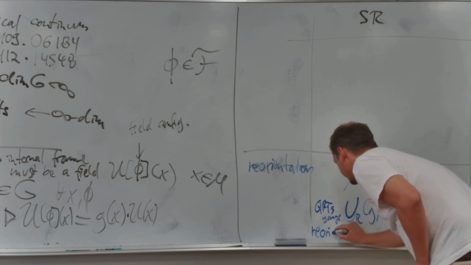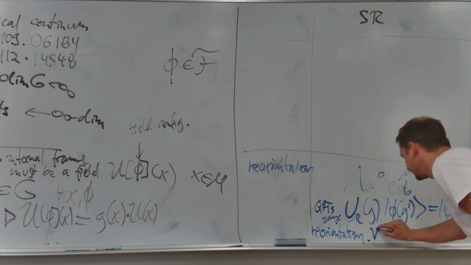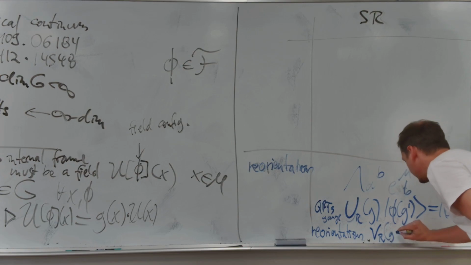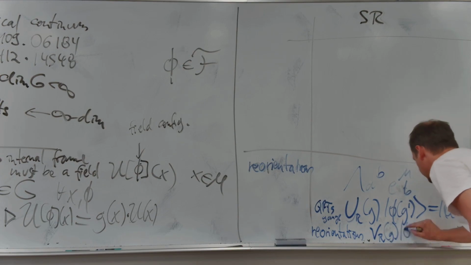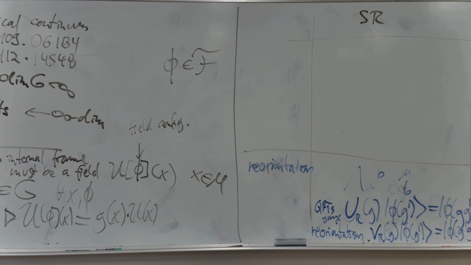And we had that reorientations, these VRs, if you remember them, they would act from the other side. So the important thing is that there's two different representations of the group.